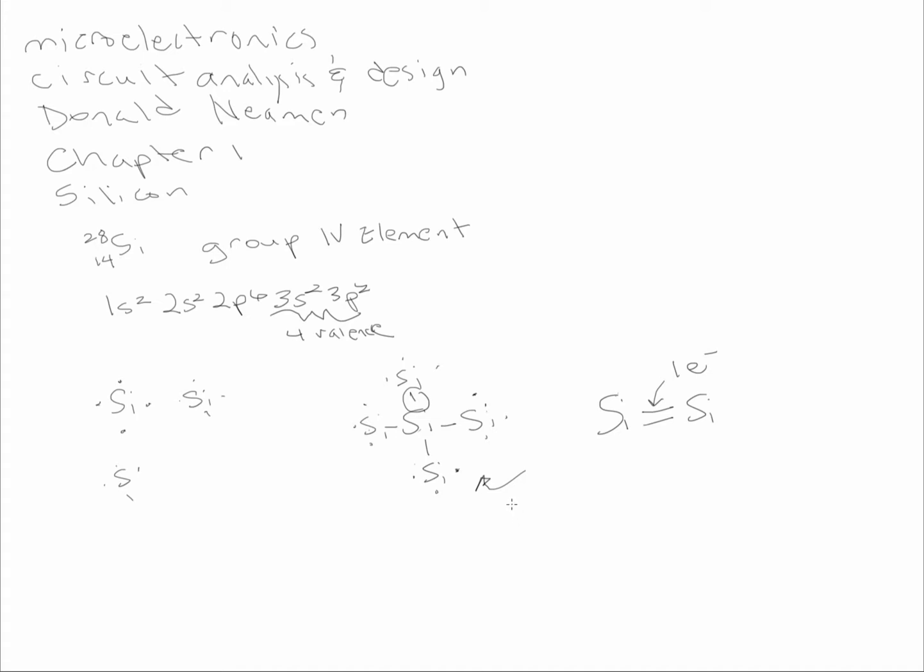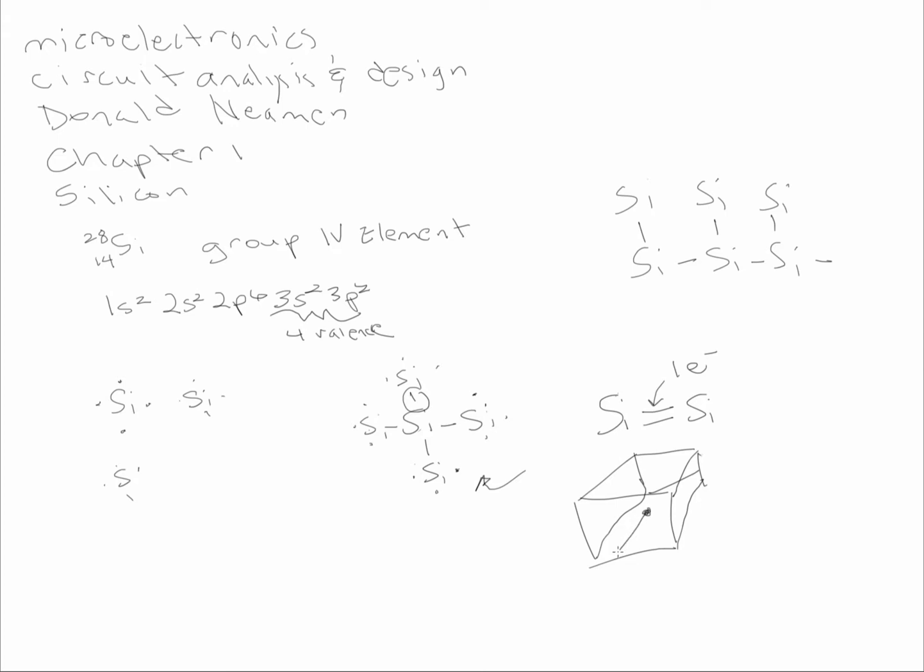And basically he shows that when you have an extended crystal lattice, the silicon is in a tetrahedral arrangement. So we'll draw just a little box here. And at the center of the box you have a silicon atom.